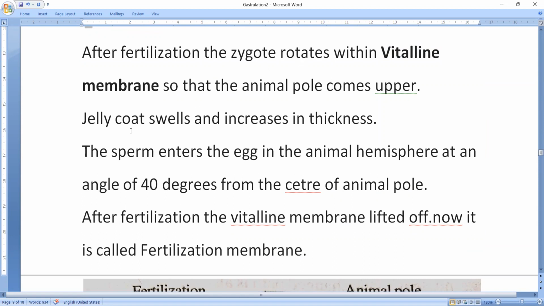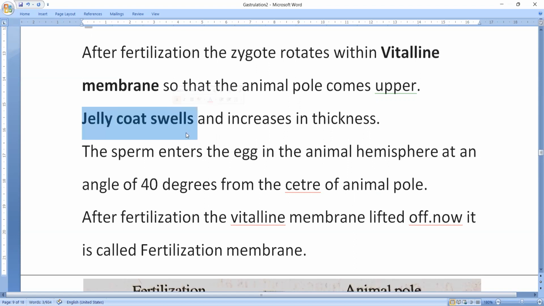So jelly coat swells and increases in thickness. Okay, so the outermost egg layer is jelly coat. So jelly coat swells and increases in thickness. అది ఎప్పుడైతే వాటర్ లో పడుతుందో, its size is increased, right?